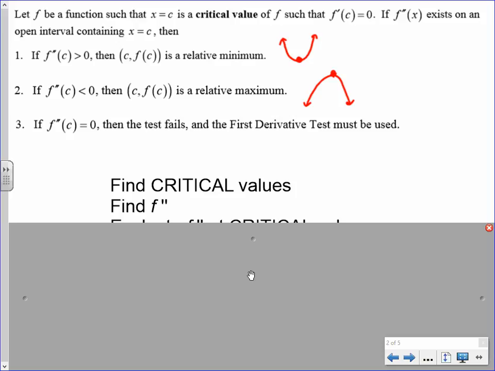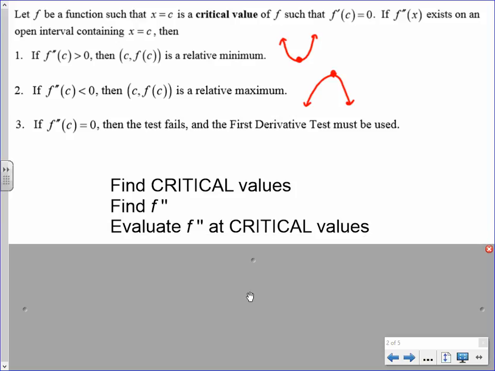You need to then find the second derivative, since we are using the second derivative test. And then you need to evaluate the second derivative at your critical values. That will tell you your concavity, and then we can decide whether our critical value is a minimum or a maximum.